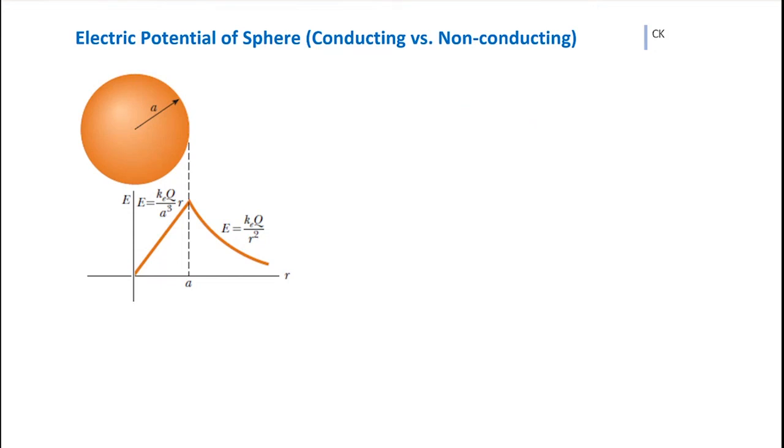So first, outside. Part A, R is greater than A. So we put the Gaussian surface out here, and that happens to be R. Good? Then we set up E dot dA.